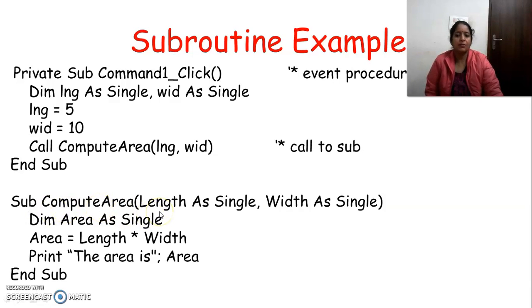As this program is to calculate the area of a rectangle, two parameters, two arguments, are given to it: length as Single, width as Single. These are the formal arguments or the formal parameters. Dim area as Single, and area is equal to length into width. This is the logic to calculate the area.